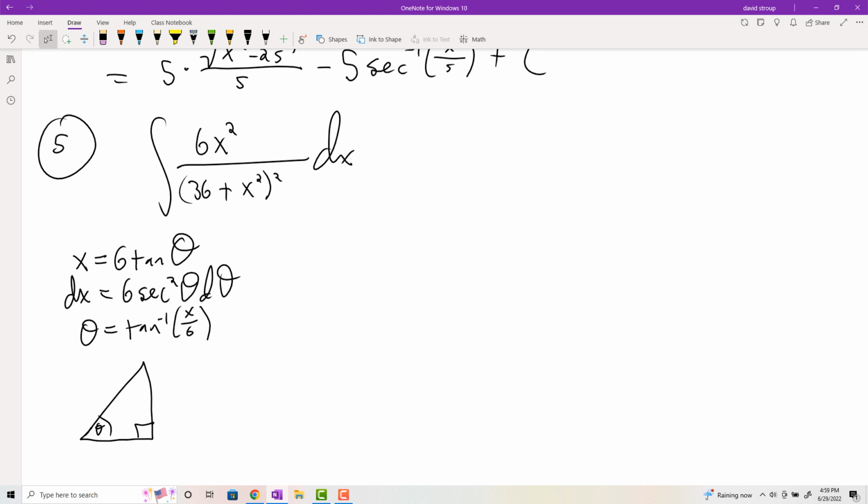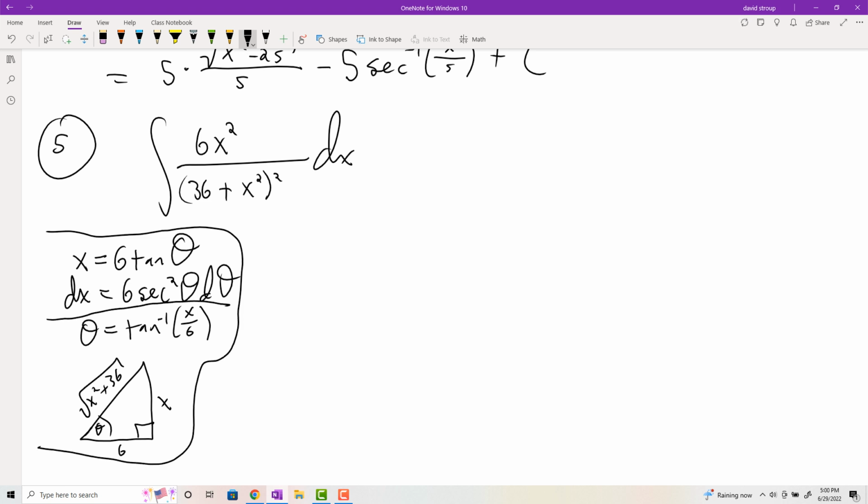Okay, so again, tan is opposite over adjacent, and then this third side is going to be the square root of x squared plus 36 from the Pythagorean theorem. So you use those first two parts to populate the integral in terms of theta. I'll have 6 times 6 squared tan squared theta. So it's really 36 tan squared.